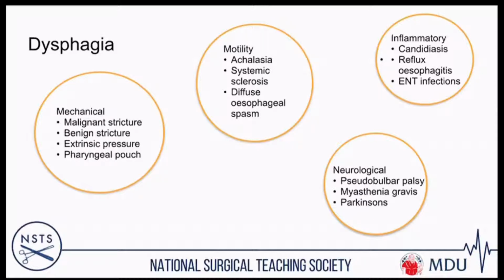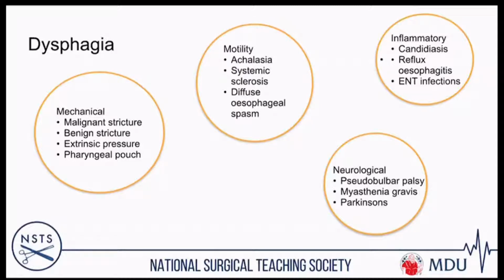The inflammatory causes, a lot of them tend to be more upper gastric tract and ENT infections, tonsillitis, candidiasis, specifically with steroid use. Reflux esophagitis can make it difficult and painful to swallow. And then there are the neurological causes: bulbar palsy, myasthenia, Parkinson's, motor neurone disease.